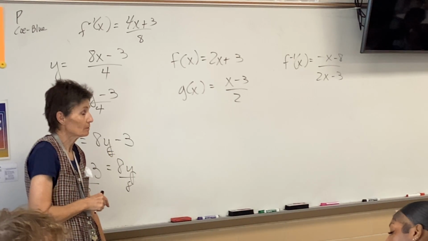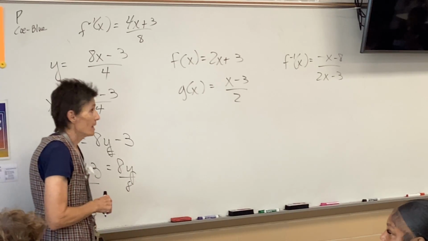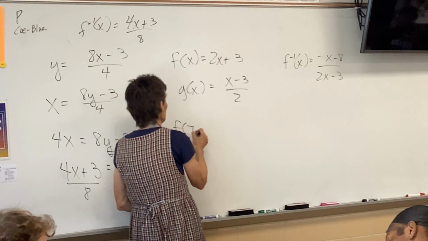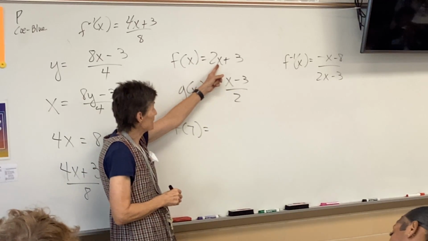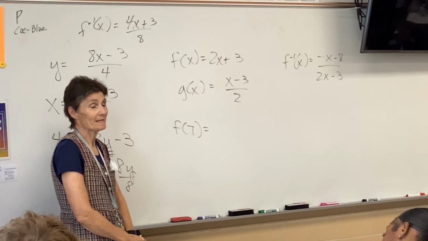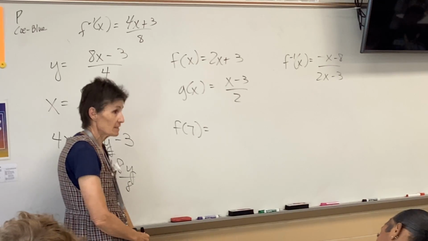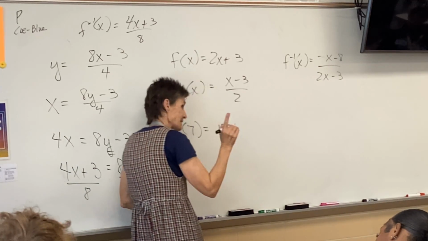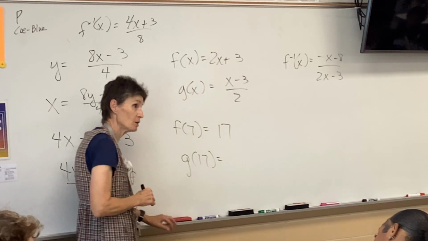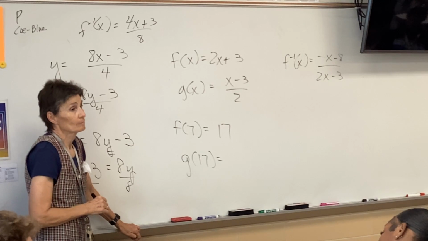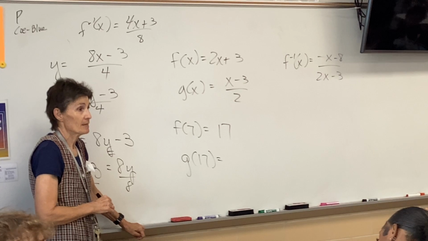We pick a random number, like, I don't know, 7. And we put it into the first function. So if I put 7 into the first function, what do I get as my answer? 17. Then I take the 17 and put it into the other function.